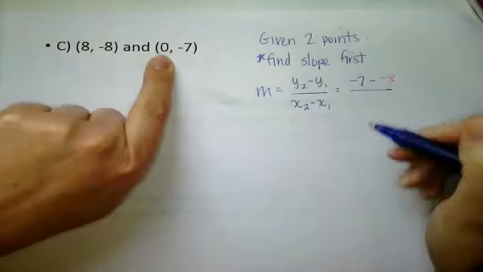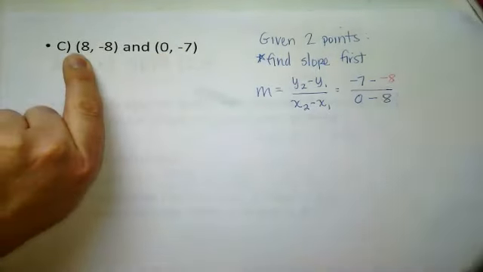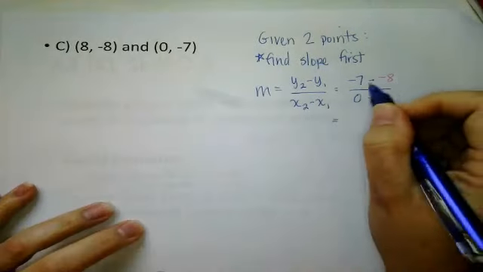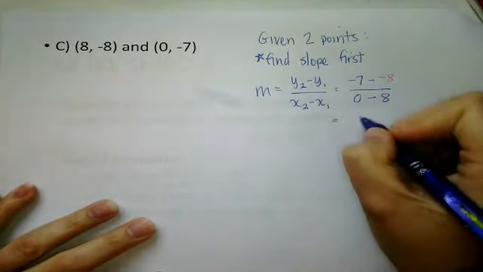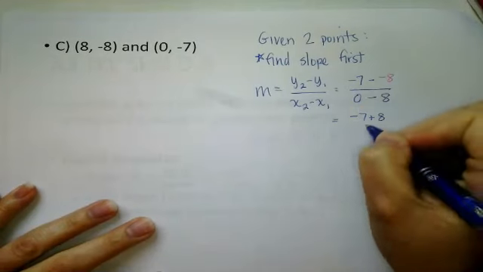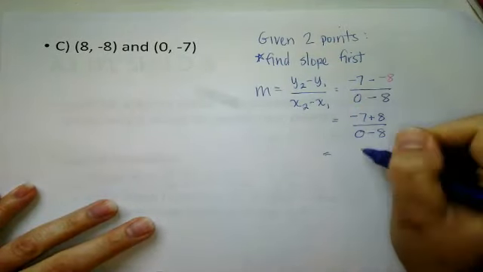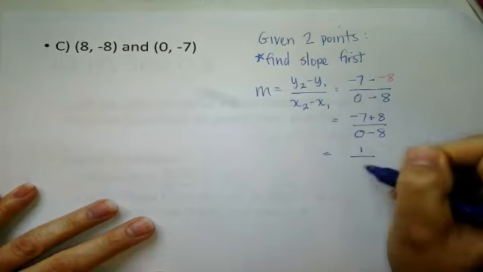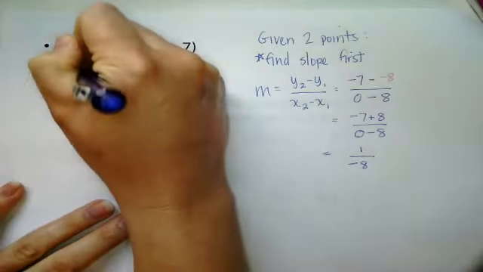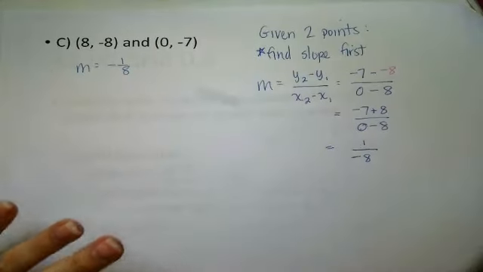Over x2 is 0 minus x1, so minus 8. Again, you would want to clean that double negative up. We don't like to see that. Negative times negative is really positive. So negative 7 plus 8 is 1. 0 minus 8 is negative 8. And so we end up having a slope of negative 1/8.